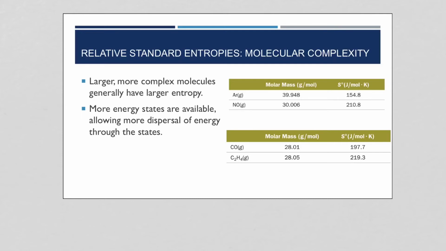Now this can get a little more complicated if you're comparing things that have widely different molar masses. Maybe you have a simpler molecule, but it has a larger molar mass because of the atoms involved. Then you can start to see some different effects. If there are multiple effects going on, you have to look at them individually, just like you would with any system. If you're changing multiple variables at a time, you don't always get a smooth relationship or a smooth trend.